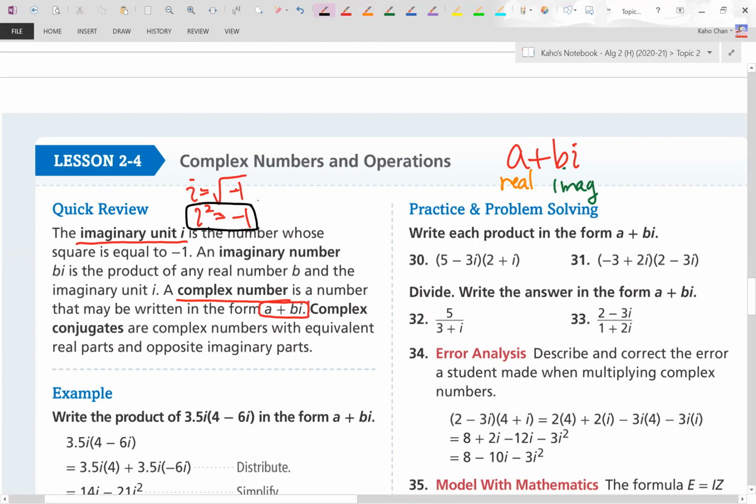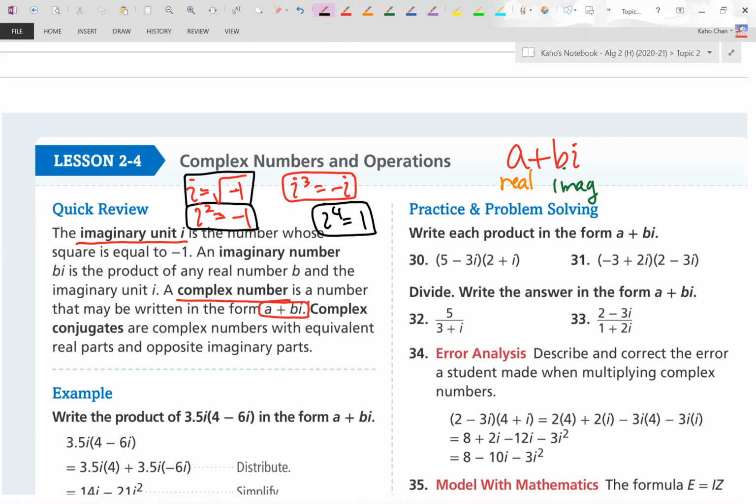Remember that's pretty handy. i to the third, if we were to crank it up, is -i. And then i to the fourth is equal to -1 times -1 is +1. Okay? So those are your powers that are important in this section.